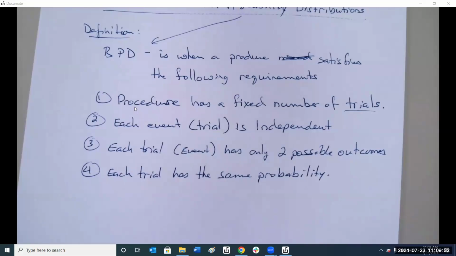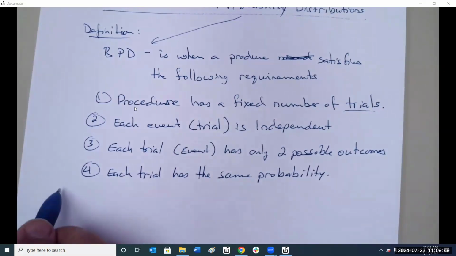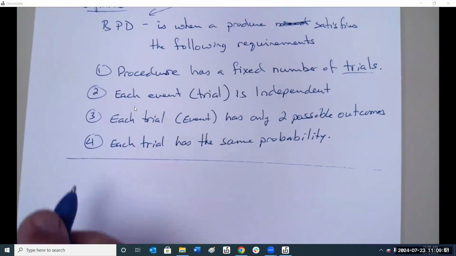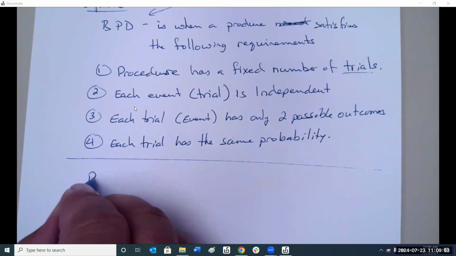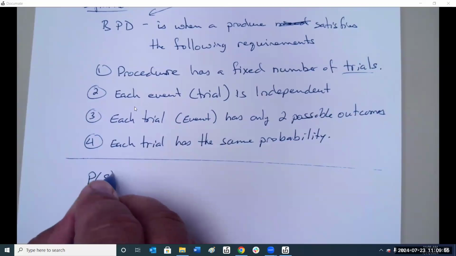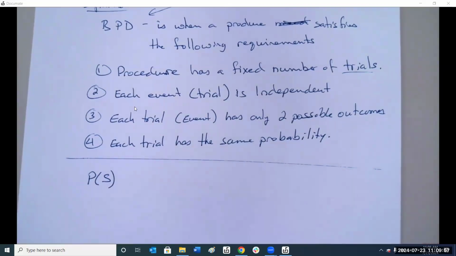So it has to be a finite number of tries, because it can't go on forever. Each trial is independent. In other words, they don't affect each other. There are only two possible outcomes, and each event has the same probability of occurring. So what we're looking for here is the probability where you're going to use success or failure.